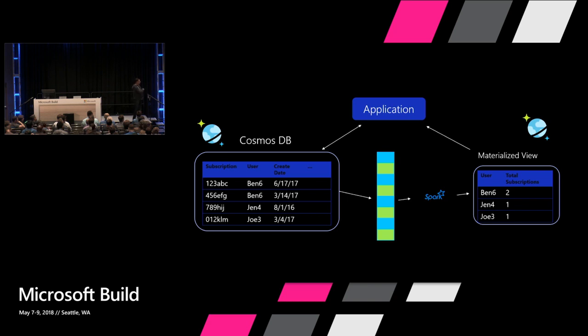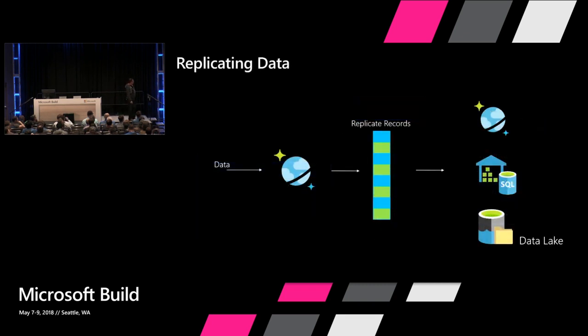You can use Spark to create the view, put it back into Cosmos DB in another collection, and have your application look at both the incoming data and the aggregated data also. So that's another way. Third is what we talked about: replicating the data and moving the data to cold storage for long-term keeping.